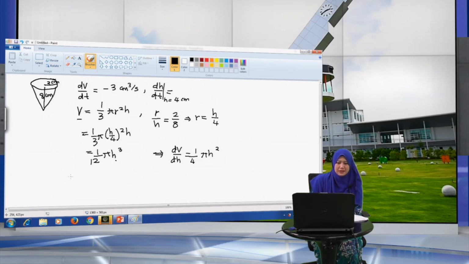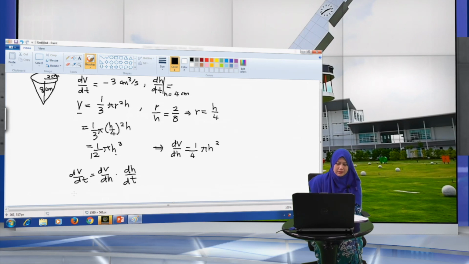So we got this, and then the next step is writing the chain rule. The chain rule here is dV/dt equal to dV/dh multiplied with dh/dt. Now dV/dt is minus 3, equal to 1 over 4 pi h square multiplied with dh/dt.